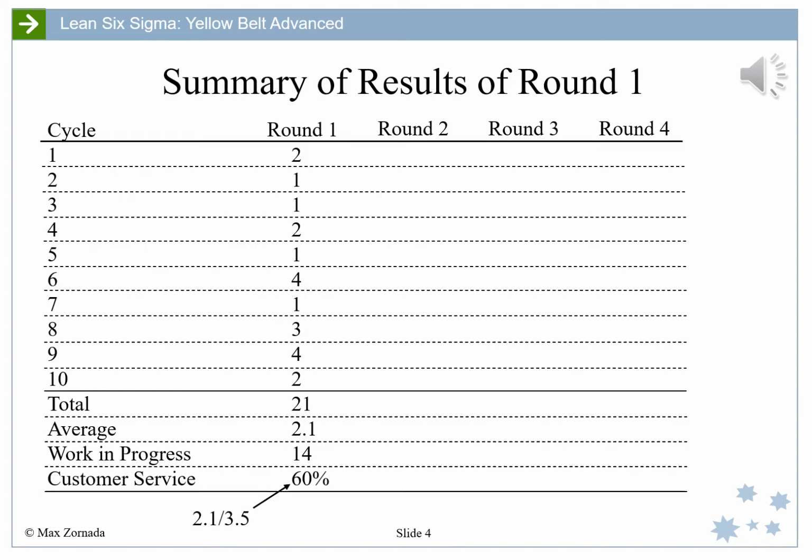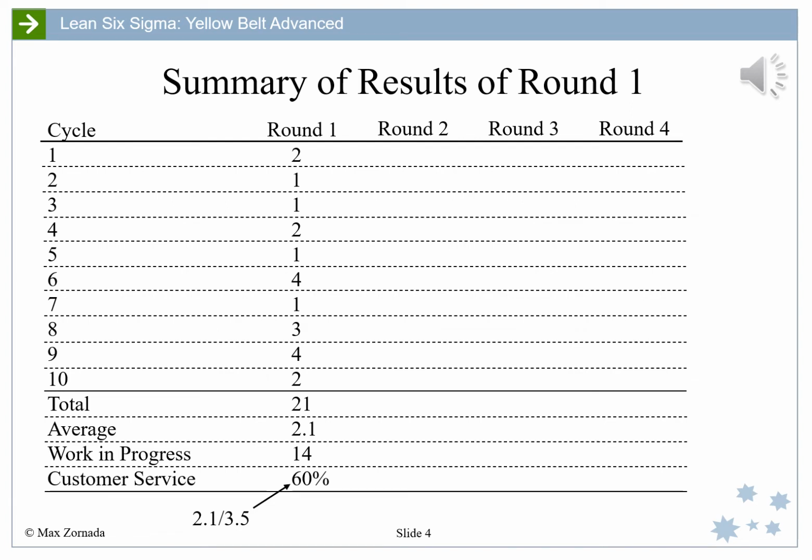Okay, here I've summarized the results of round 1, how much the customer got at the end of each delivery. A couple of things to point out: firstly, we fell short of the 3.5. We only got an average of 2.1, and we accumulated a reasonable amount of work in progress in the process. So 14, and if you look at 14 in proportion to 3.5, that is many multiples of capacity.